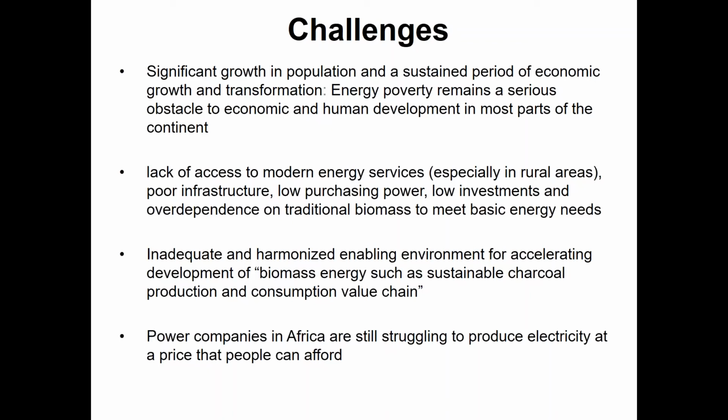Connection charges in sub-Saharan Africa are among the highest in the world, which has resulted in low rates of electricity access in many countries. Finally, as a challenge, I mentioned that there is an inadequate and unharmonized enabling environment for accelerating development of biomass energy, such as a sustainable charcoal production and consumption value chain.